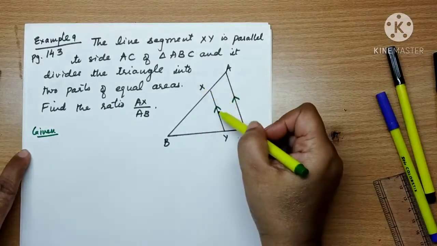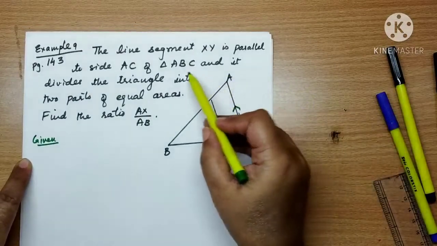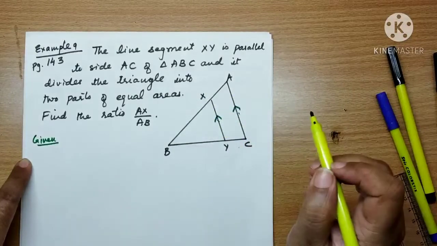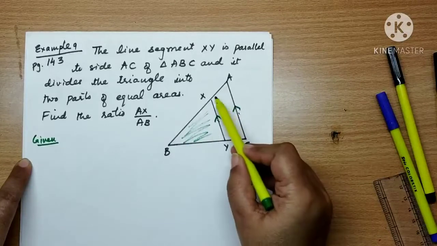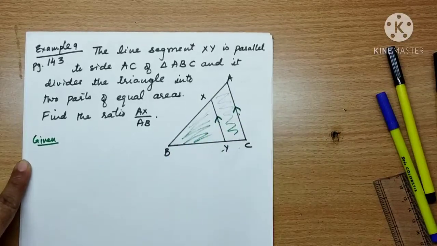So what is given? Line segment XY is parallel to AC. We marked here XY parallel to AC of triangle ABC, and it divides the triangle into two parts of equal area. Obviously these two parts will be this triangle and this maybe a trapezium.